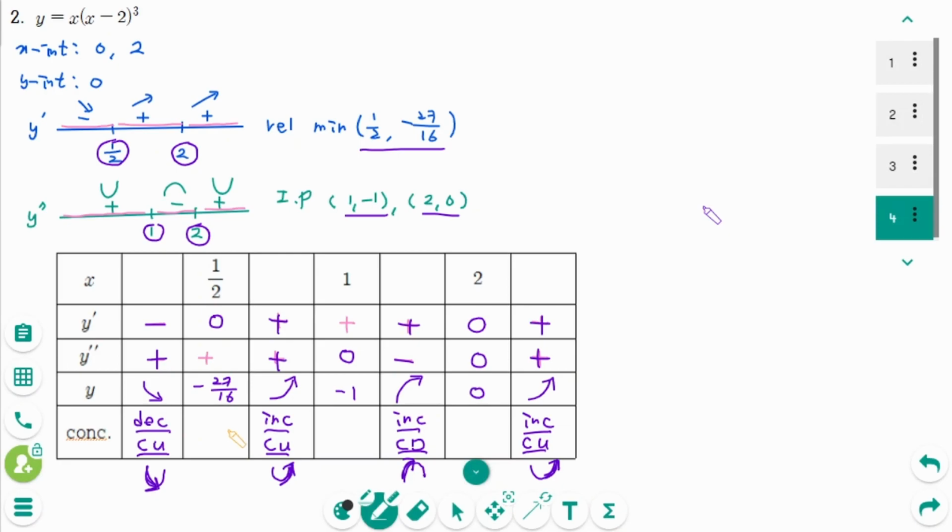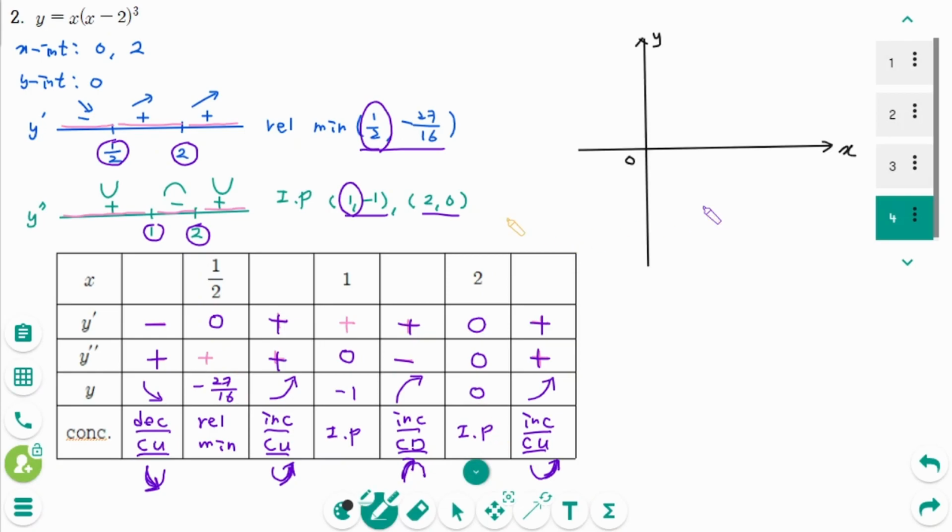And then conclusion is when x equals 1 over 2, relative minimum. When x equals 1 is inflection point. When x equals 2, inflection point. Relative minimum is (1 over 2, minus 27 over 16). Inflection points are (1, minus 1) and (2, 0).